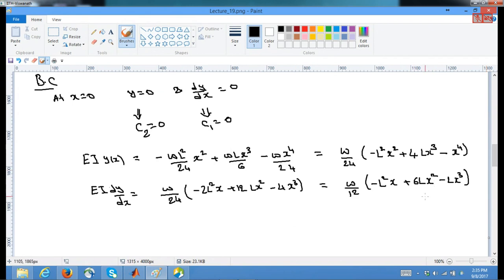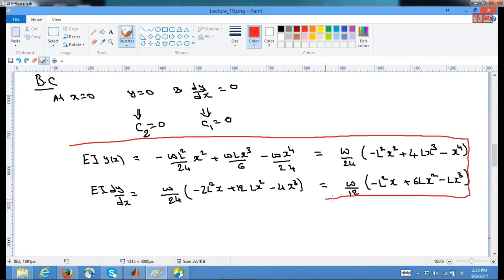So if you look at this solution, this is your exact solution. If you look at it, the expression of y of x is a fourth order polynomial.